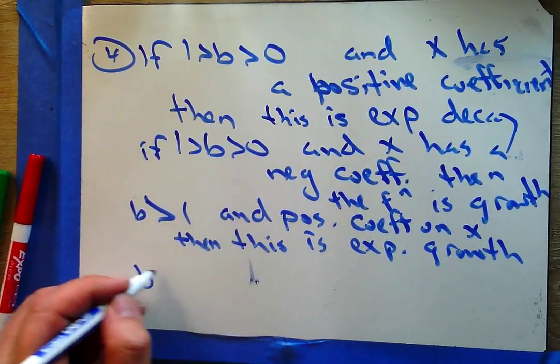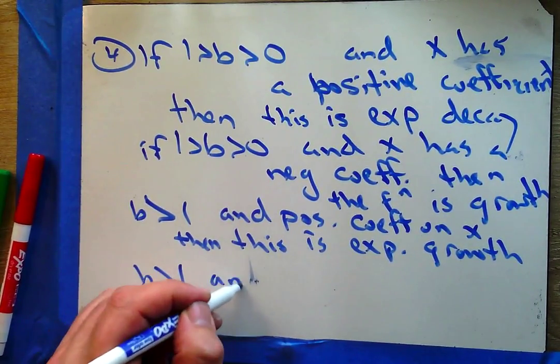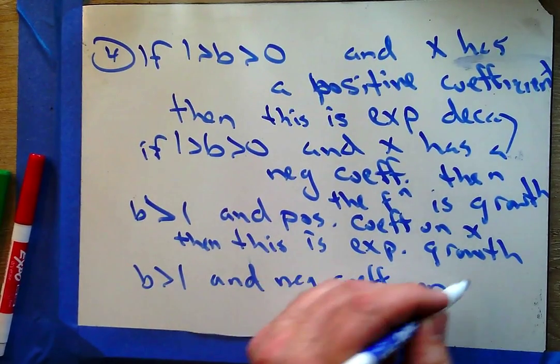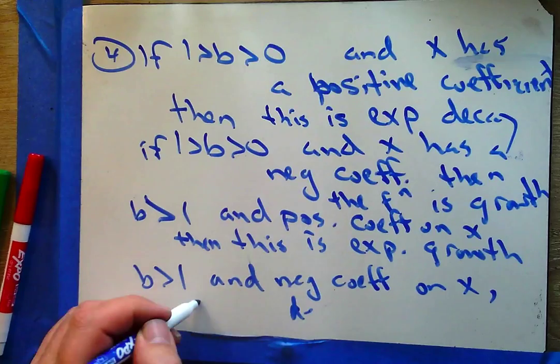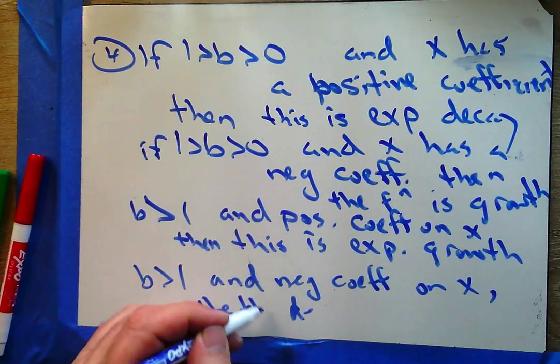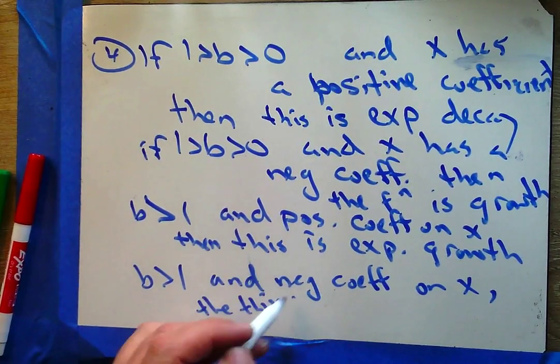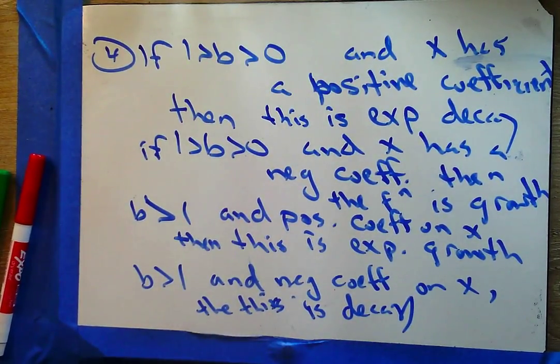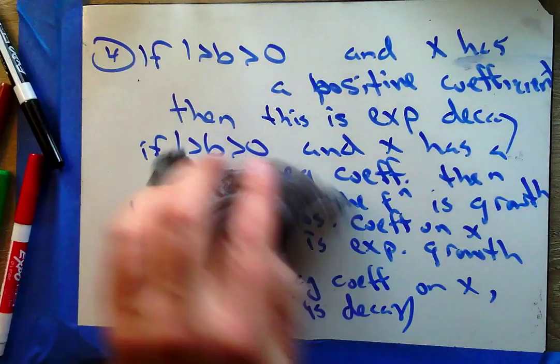And finally, if b is bigger than 1 and we have a negative coefficient on x, then this is decay. Okay? 5, graph without a calculator.